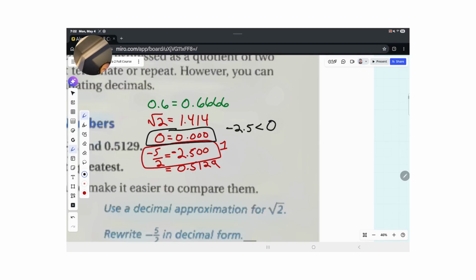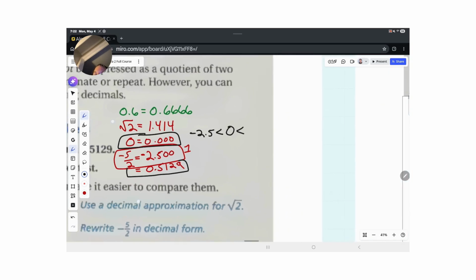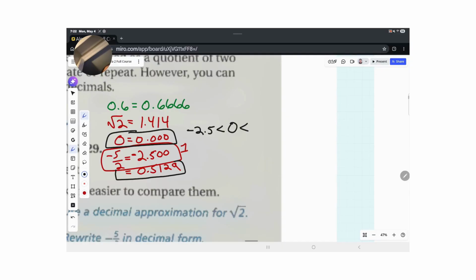Okay, is less than, we'll continue this on, is 0.5 or 0.6, for example, bigger? 0.5 will be slightly smaller, sorry, smaller. 0.5 is slightly smaller, so we'll write 0.5129 as slightly smaller than 0.6666.